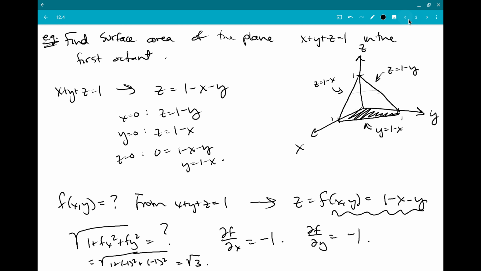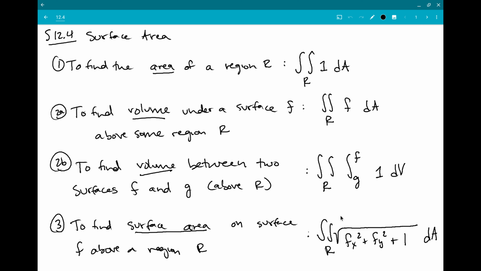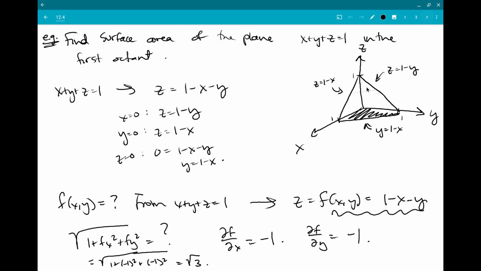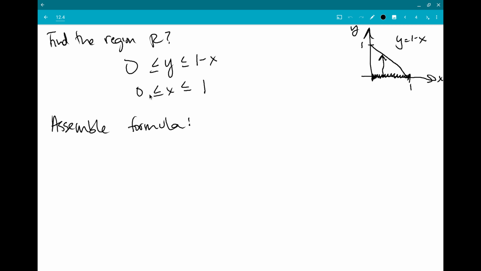So now my formula was to integrate over the region R the square root of fx squared plus fy squared plus 1 dA. I have all the pieces. I found square root of 1 plus fx squared plus fy squared, it's root 3. And I found the bounds for my region R, so I can go ahead and put this into a formula. I'm just going to denote it SA for surface area.